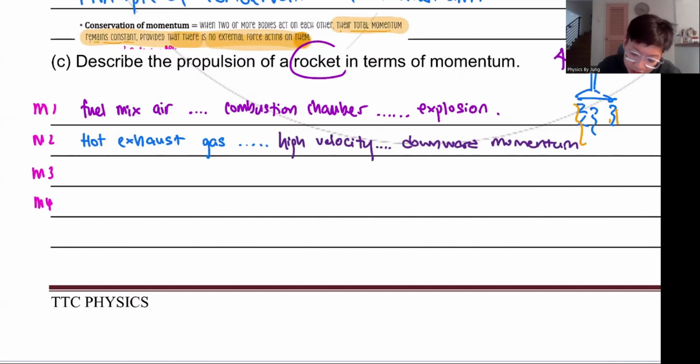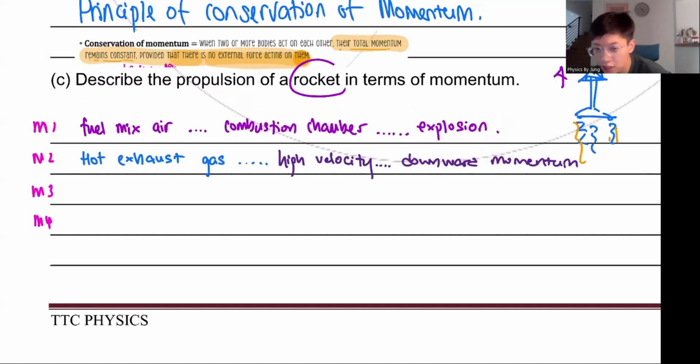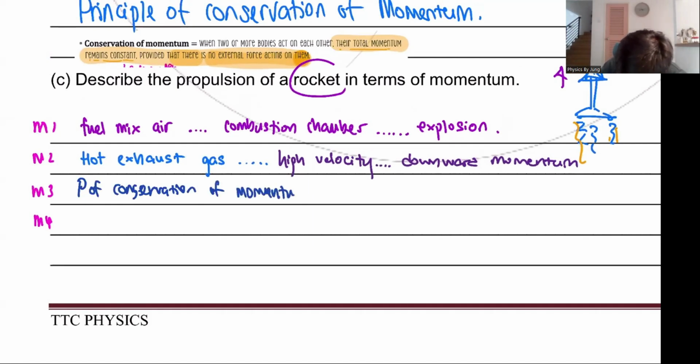Now M3, the third one. Just like I said already, in M3 we have to explain how this thing works. We write the principle of conservation of momentum. So what happens according to the principle?